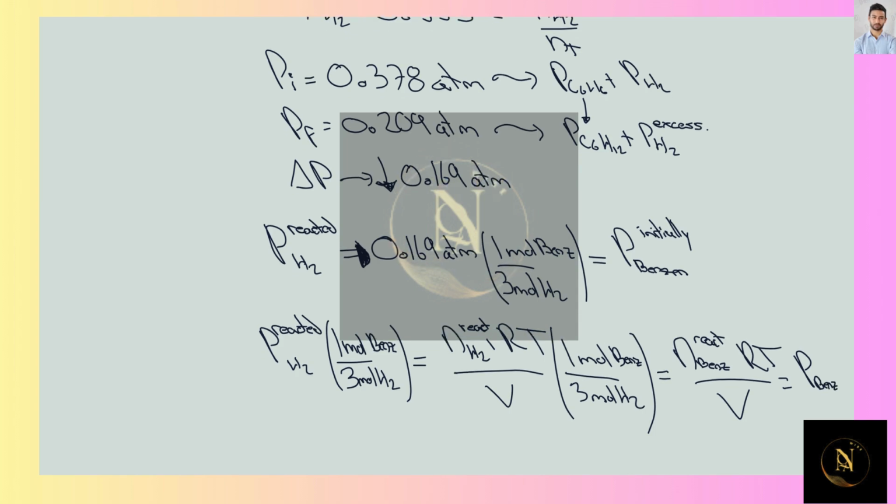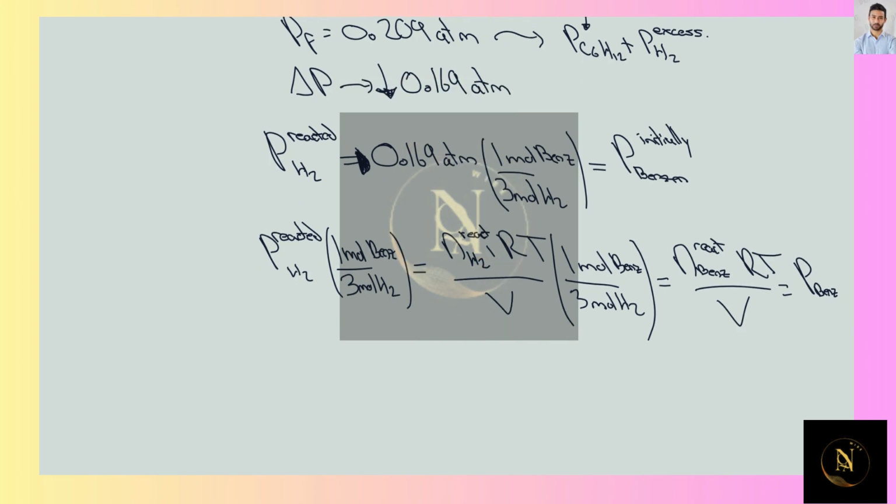Moles of hydrogen are going to cancel out with moles of hydrogen, and we're going to end up with the amount of moles of benzene that reacted times RT divided by volume, and this is nothing but the pressure of benzene that we had initially.